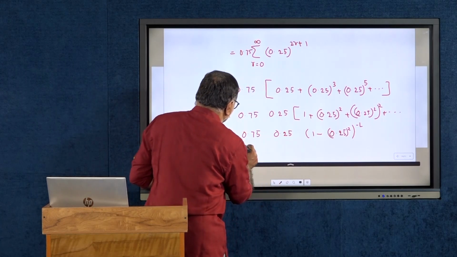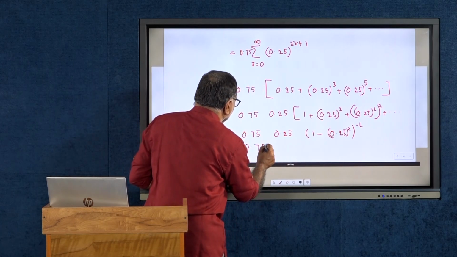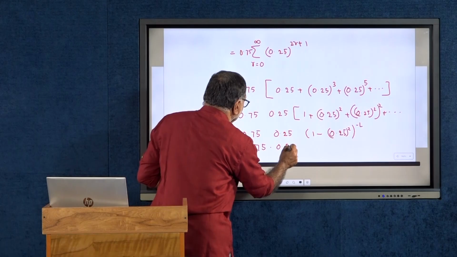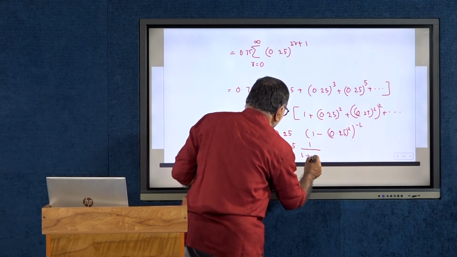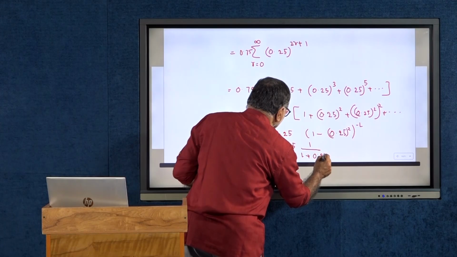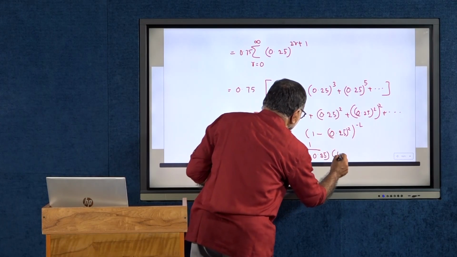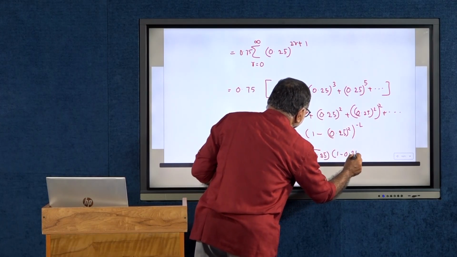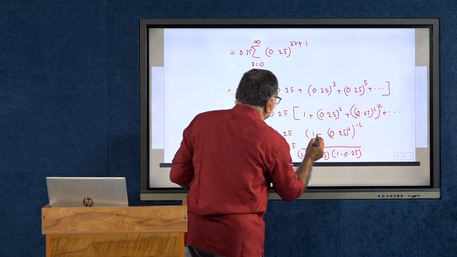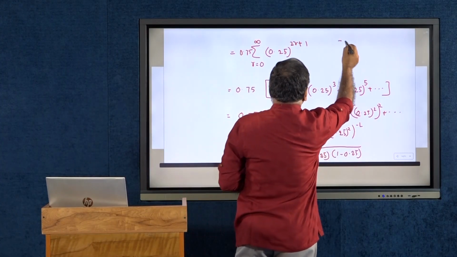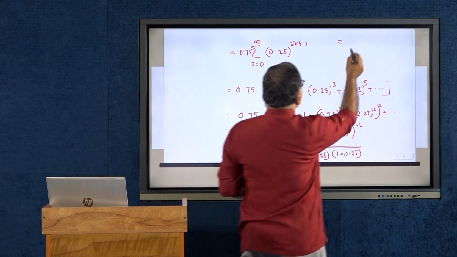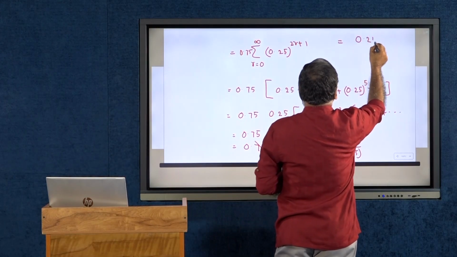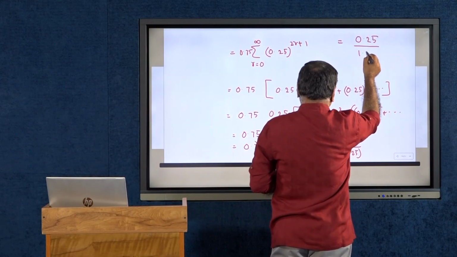That is 0.75 times 0.25 divided by 1 plus 0.25 and 1 minus 0.25. This cancels with this one, so the answer is 0.25 divided by 1.25.